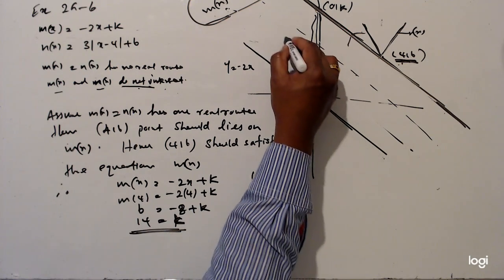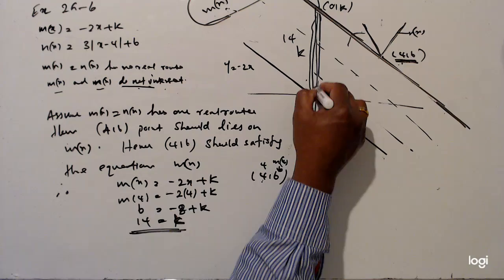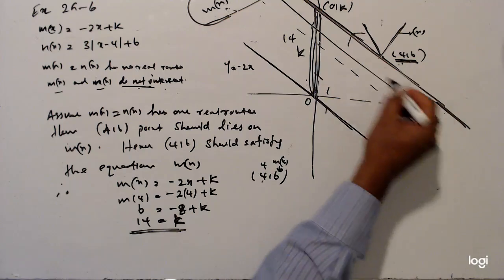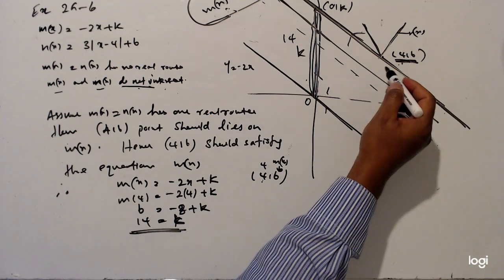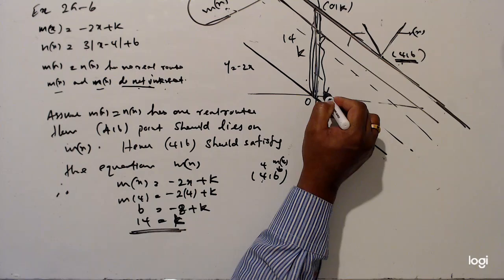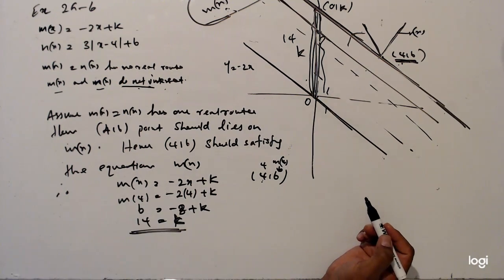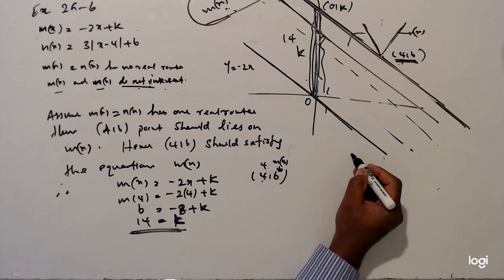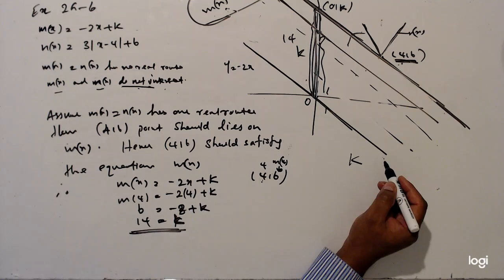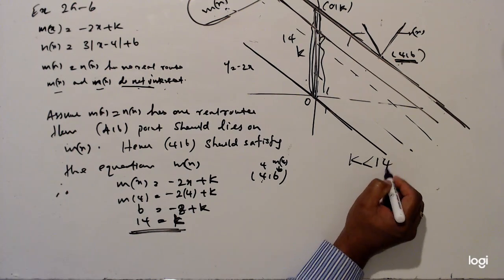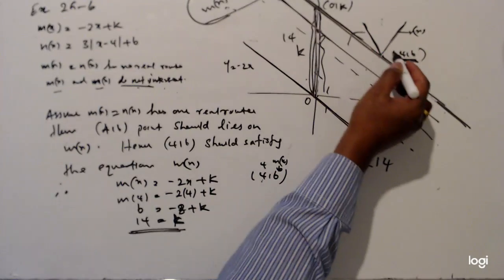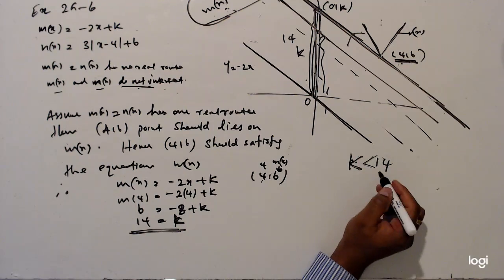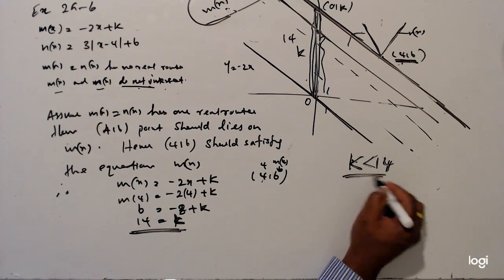If k is 14, those two graphs intersect. What will happen if k is 13? Then this is the height. It does not intersect. So basically, if k is less than 14, not equal to, if it is equal, there is one root. If k is less than 14, we have no roots.